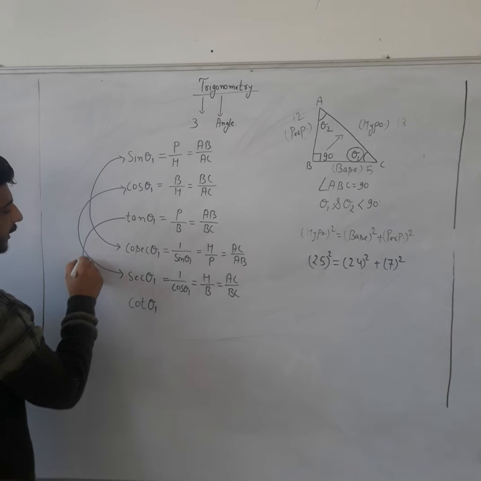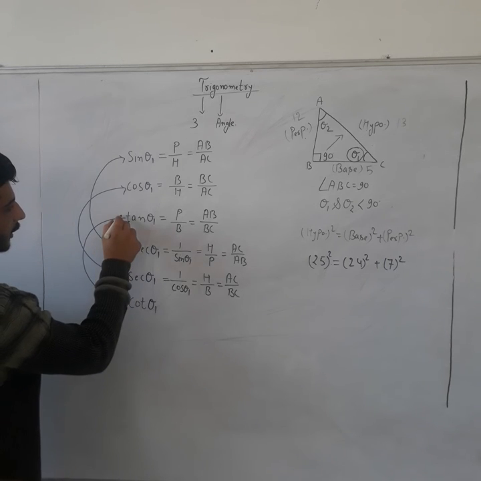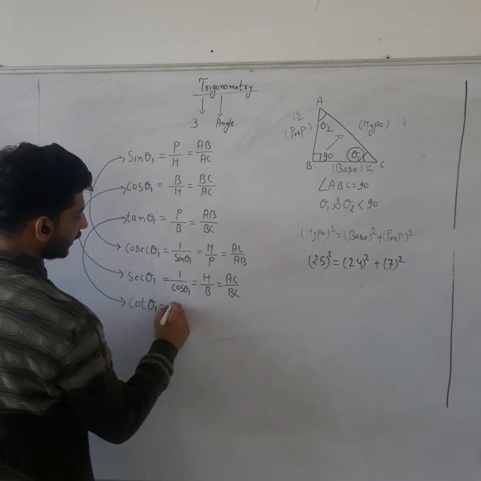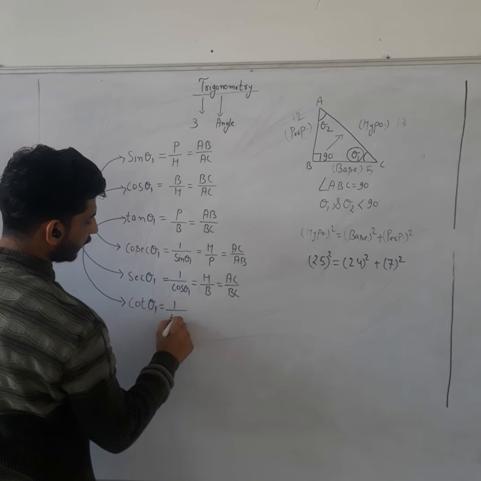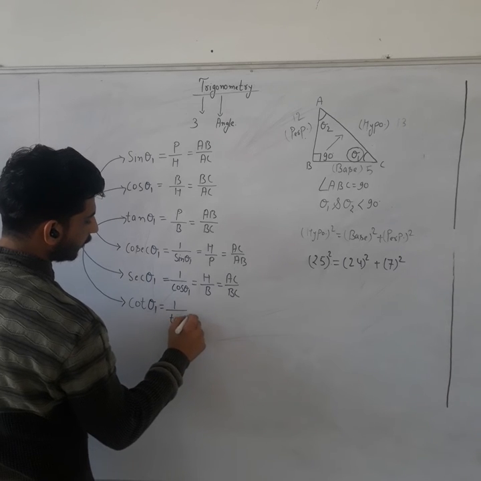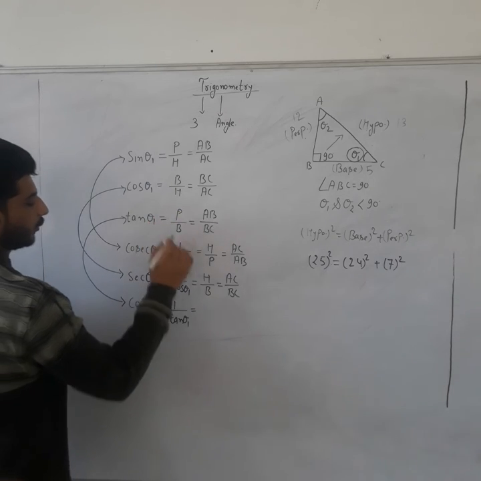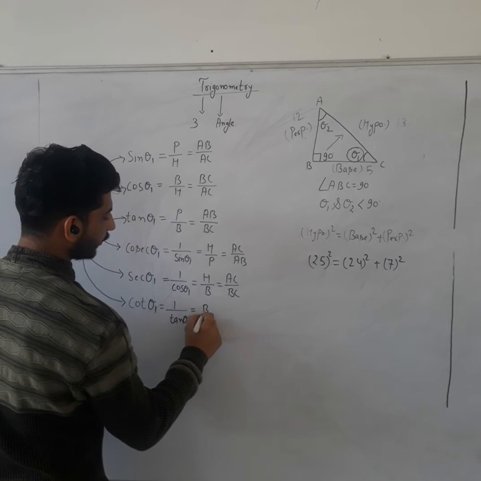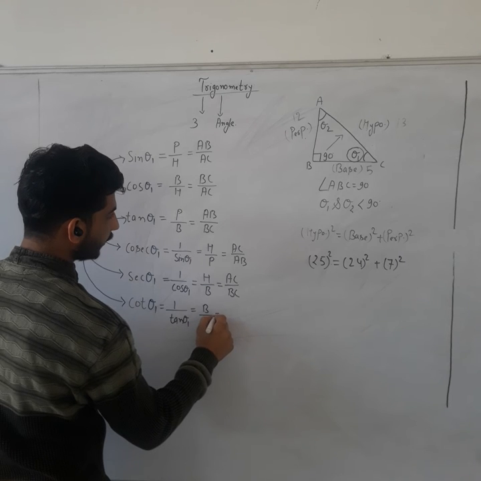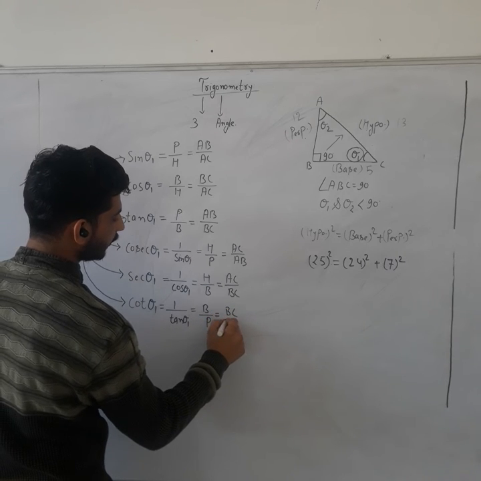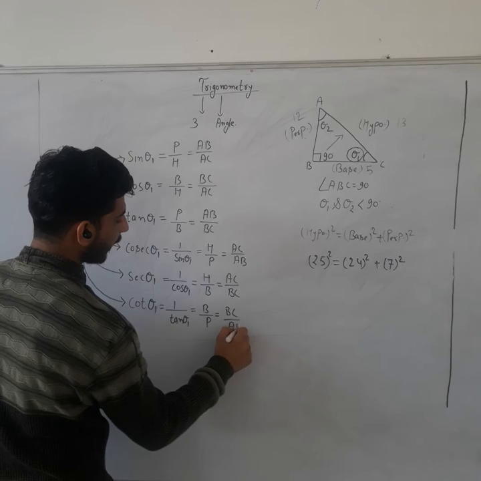Tan theta is the reciprocal of cot theta, or cot theta is the reciprocal of tan theta. So cot theta 1 is 1 upon tan theta 1. Tan theta 1 is equal to P upon B, so cot will be B upon P. Base upon perpendicular, it means BC upon AB.